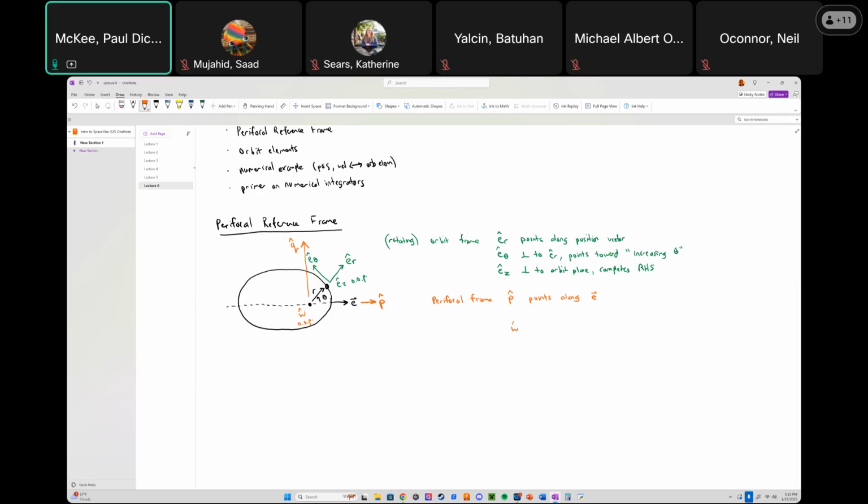The W direction is perpendicular to the orbit plane, or you could say it points along the specific angular momentum vector. And then Q completes the right-handed system. All right, so hopefully that makes sense.